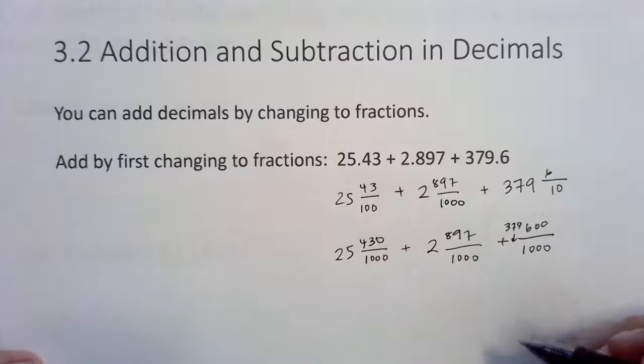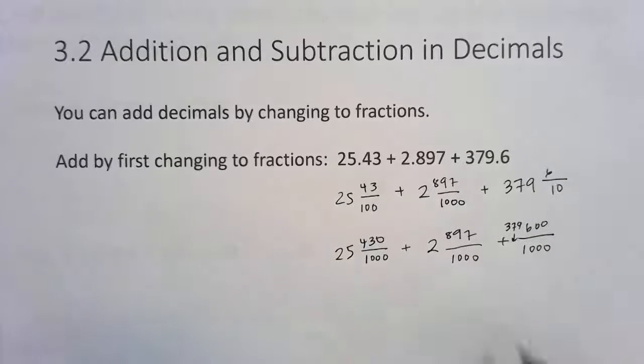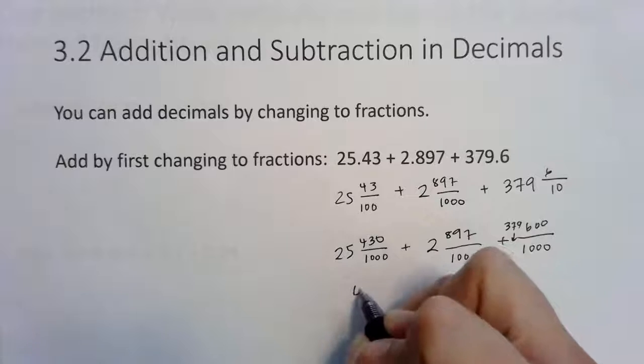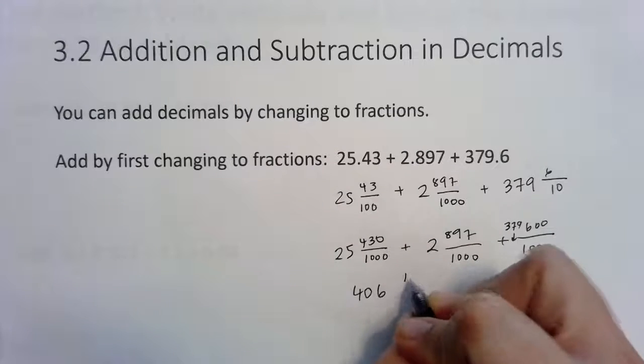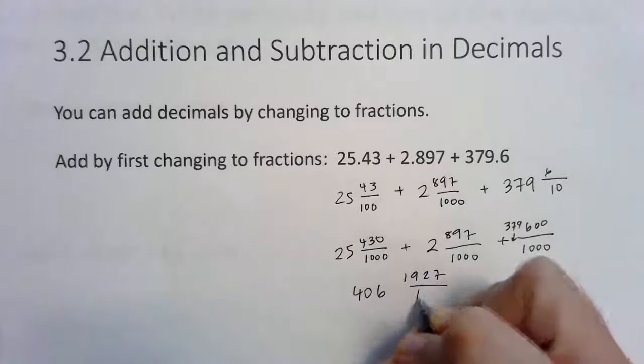And then we can add the whole number parts and the fractional parts. 25 plus 2 plus 379 is 406 for the whole number parts. For the fractional parts, since the denominators are all the same, you just add across the top. So you're adding 430 plus 897 plus 600, which is actually 1,927 over 1,000.